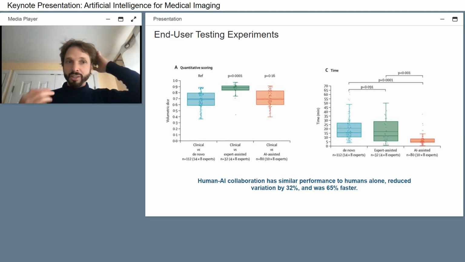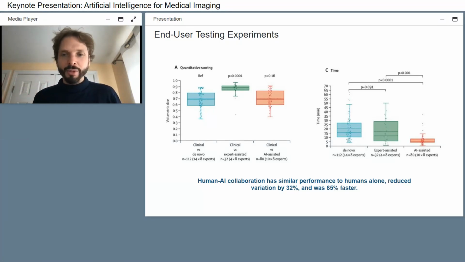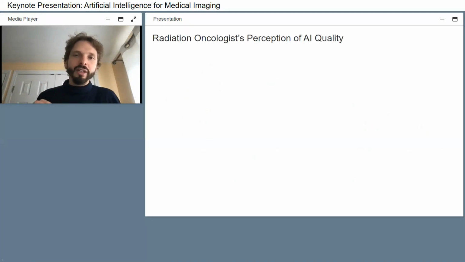So with a similar result, they could get much quicker, and the variation between individuals became much smaller. This means that patients are treated more similarly, which is something that, of course, we want to have. Also, at the end, we asked them, how do you actually perceive the AI quality?